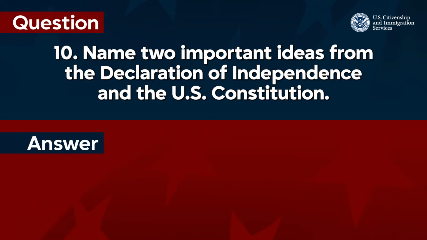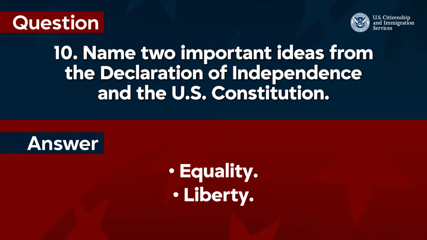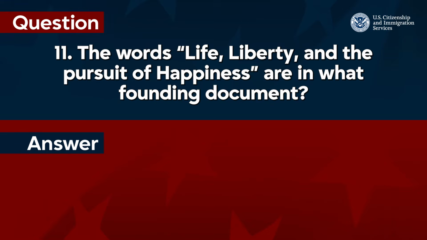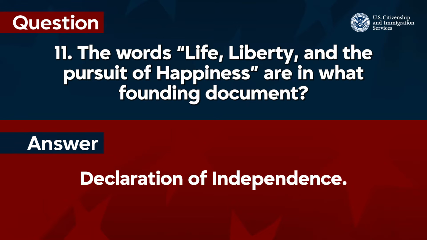Name two important ideas from the Declaration of Independence and the U.S. Constitution. Equality, liberty. The words life, liberty, and the pursuit of happiness are in what founding document? Declaration of Independence.